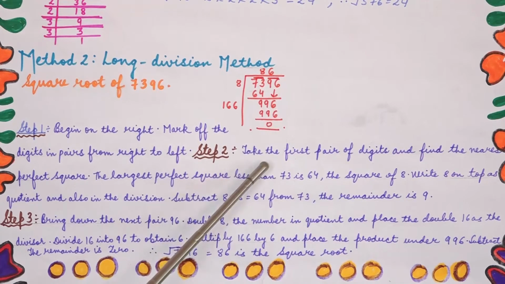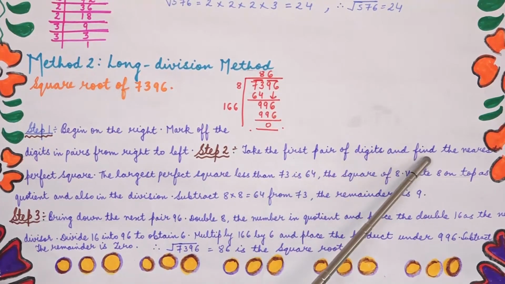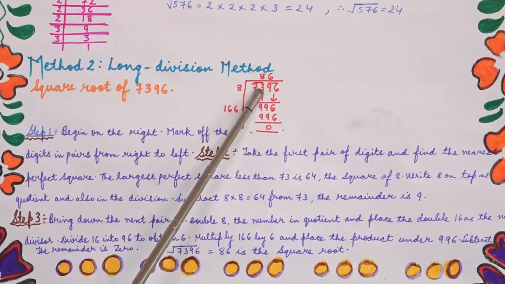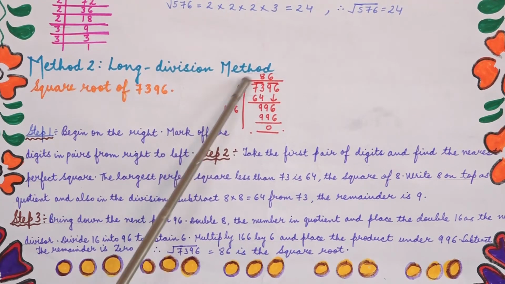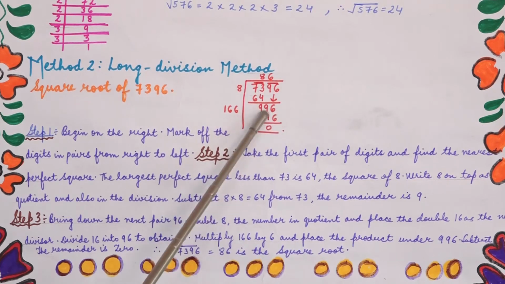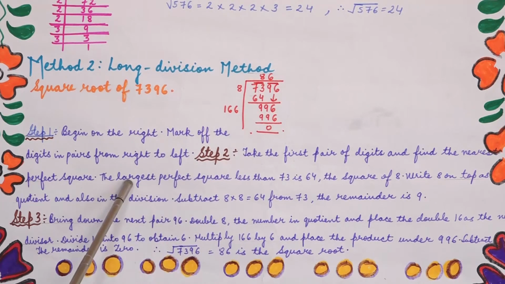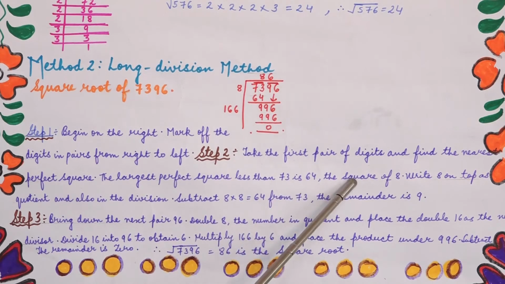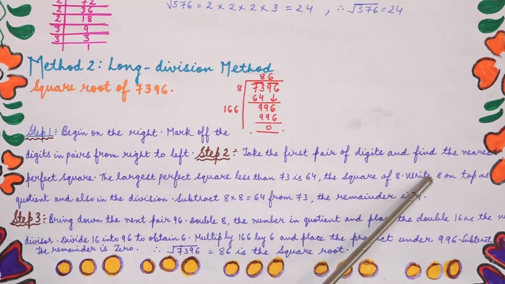Step number 2. Take the first pair of digits and find the nearest perfect square. We take the first pair, that is 73. As we all know, 8 multiplied by 8 is equal to 64, which is near to 73. The largest perfect square less than 73 is 64, the square of 8. Write 8 on top as quotient and also in the division.